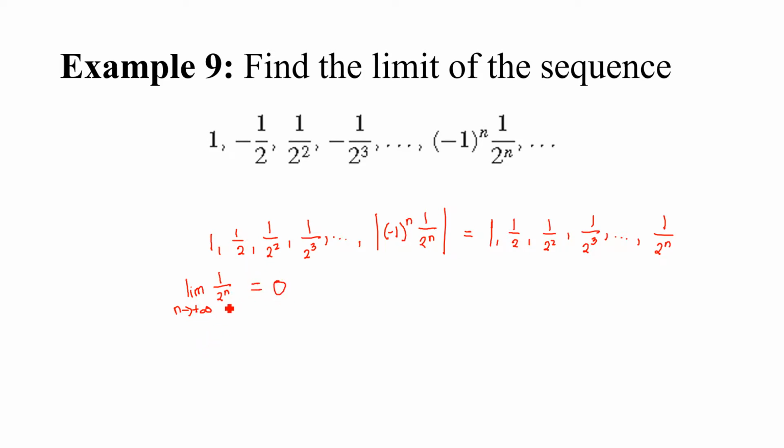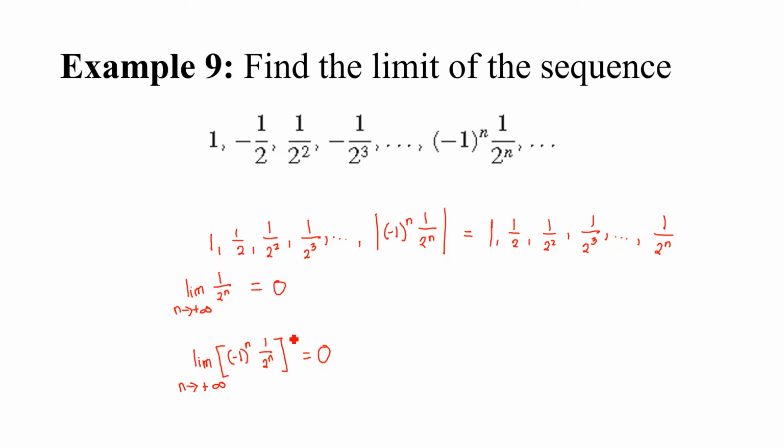Therefore, since 1 over 2 raised to n is the same as the absolute value of this sequence, we could now say that the limit of negative 1 raised to n times 1 over 2 raised to n as n approaches positive infinity is equal to 0, using the concept that we had in the previous slide.